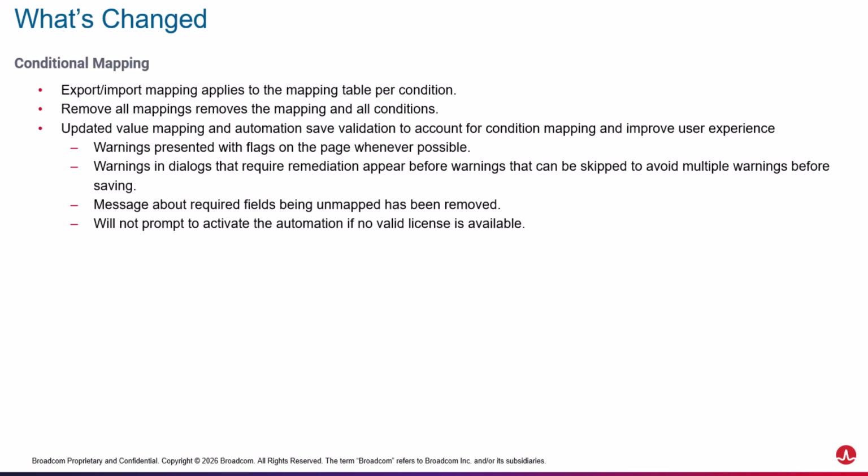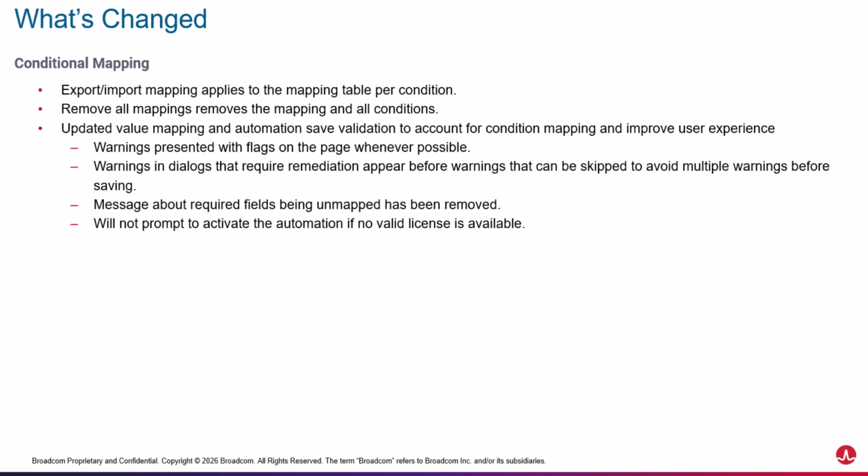The message about required fields being unmapped has been removed entirely. This message popped up every time you tried to save any automation, making it meaningless noise. We had thought about ways to improve this, but it would have required pretty extensive per-adapter implementation, so the decision was made to just remove this warning.